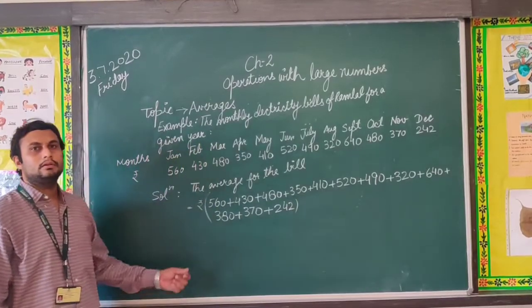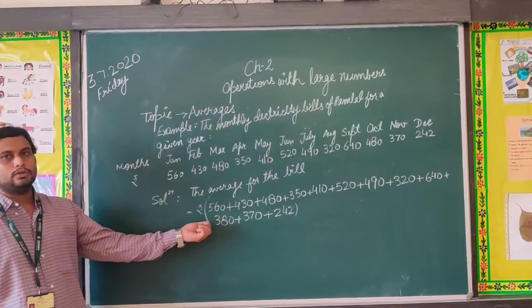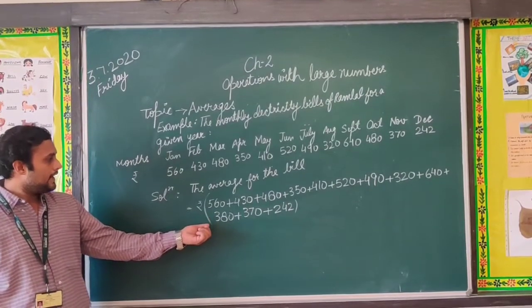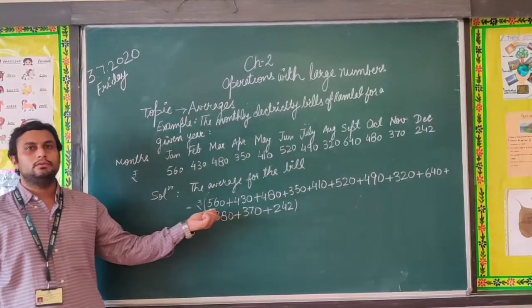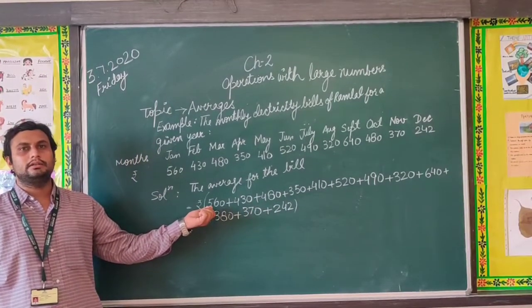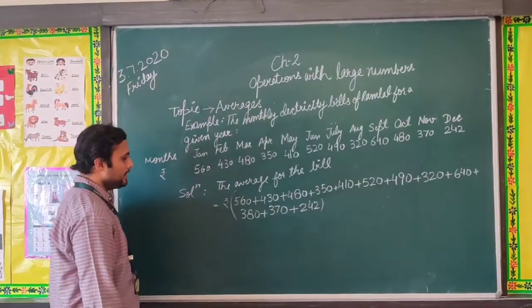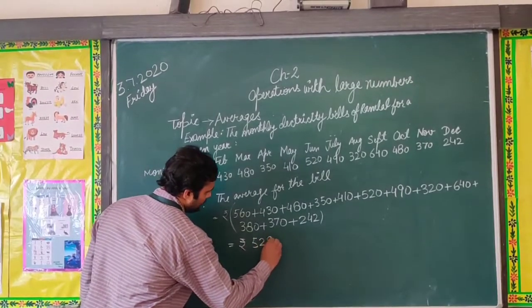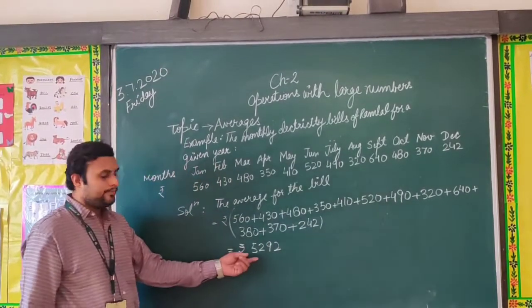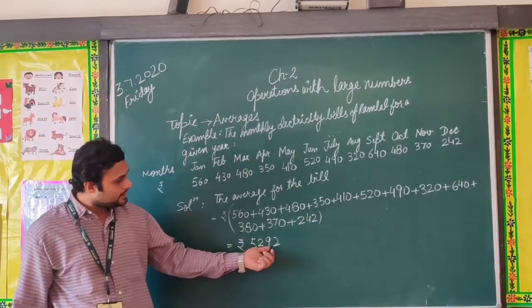Now what you have to do is add all these numbers. After adding, what answer do you get? The answer is 5,292 rupees.